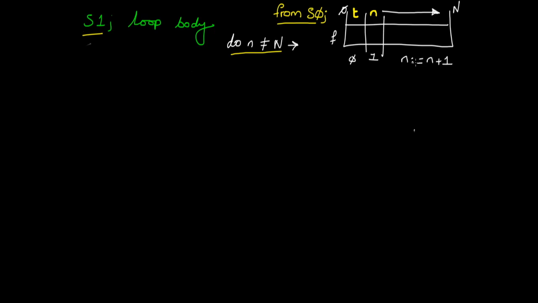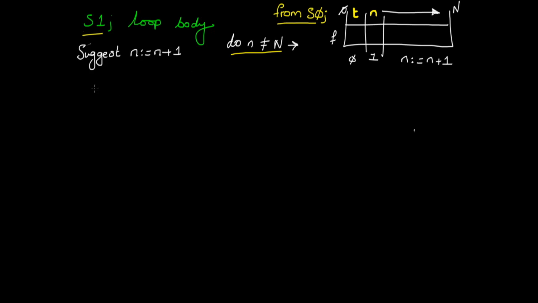So n needs to become equal to n plus 1 in order to make progress. So we'll suggest that n becomes equal to n plus 1 for the loop body.